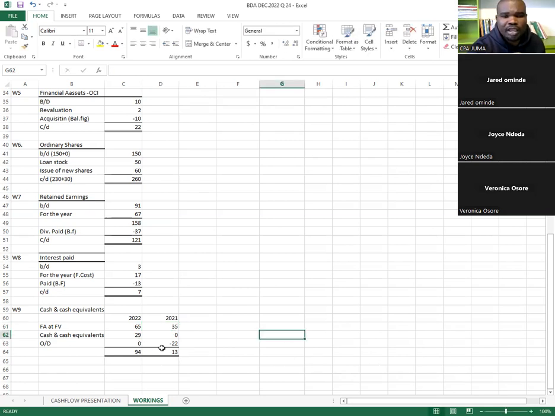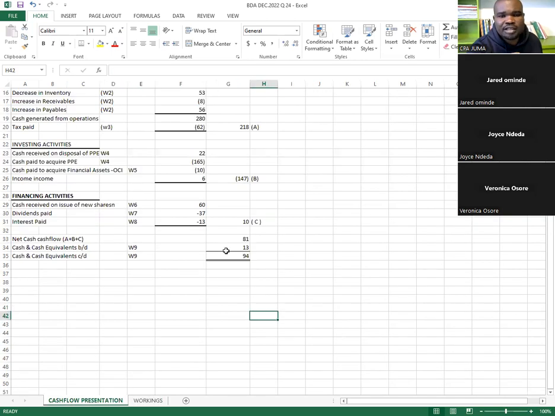Thank you, Joyce. It is the 30 opening plus the gain. Then we compare with the closing. So it should be 35, so opening should be 13. It has adjusted itself. So it is 81 plus 13, which gives us 94. So it has reconciled.